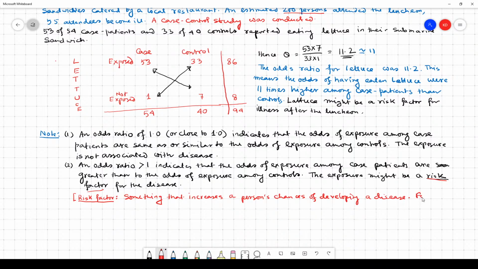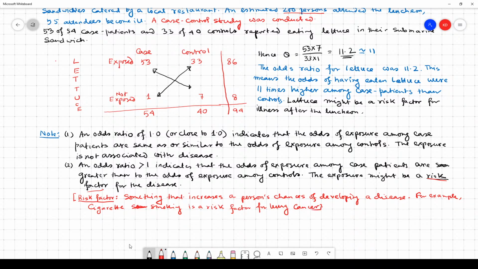For example, cigarette smoking is a risk factor for lung cancer. Similarly, obesity is a risk factor for heart attack.